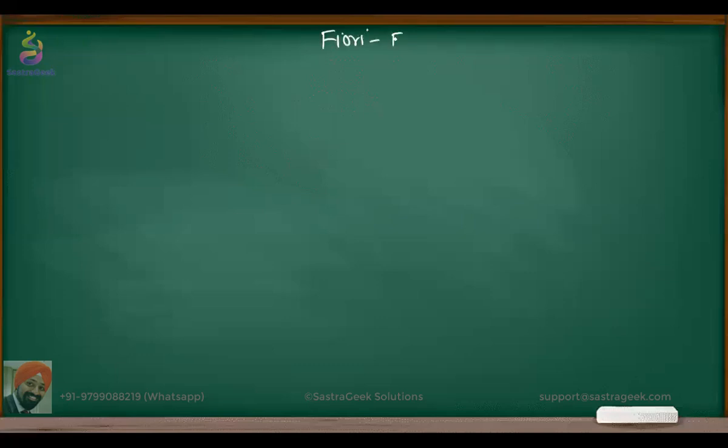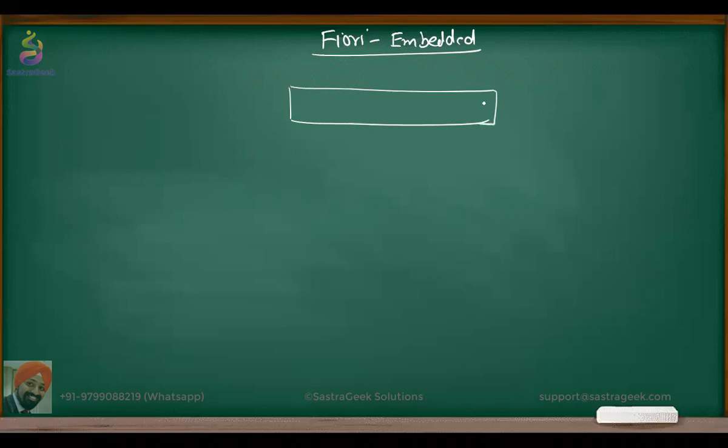So now we are going to discuss what is going to happen if we go with the embedded Fiori scenario. Our presentation layer would be the same. This would be your presentation layer, which will have your web browser. The user would be using it.